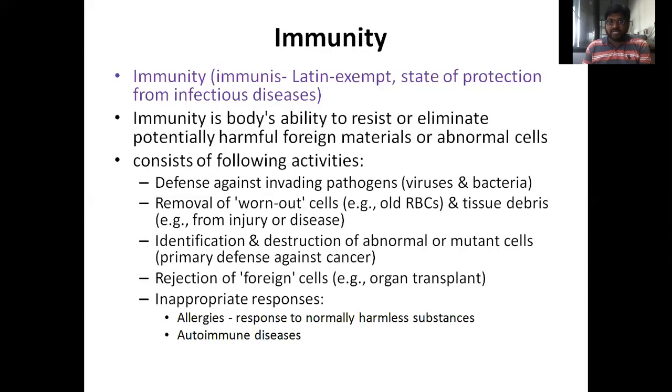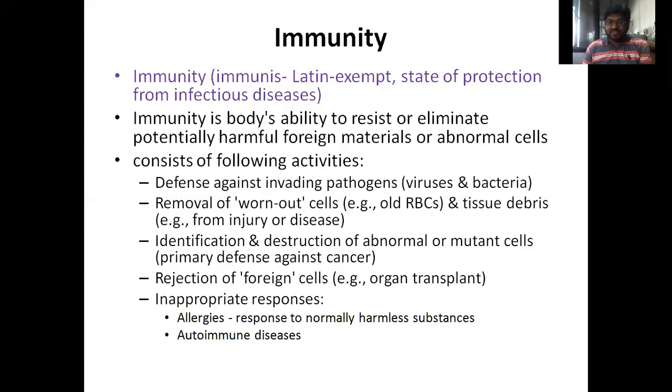Immunity is a Latin word, exempt, meaning a state of protection from infectious diseases. Immunity is the body's ability to resist or eliminate potentially harmful foreign materials or abnormal cells.